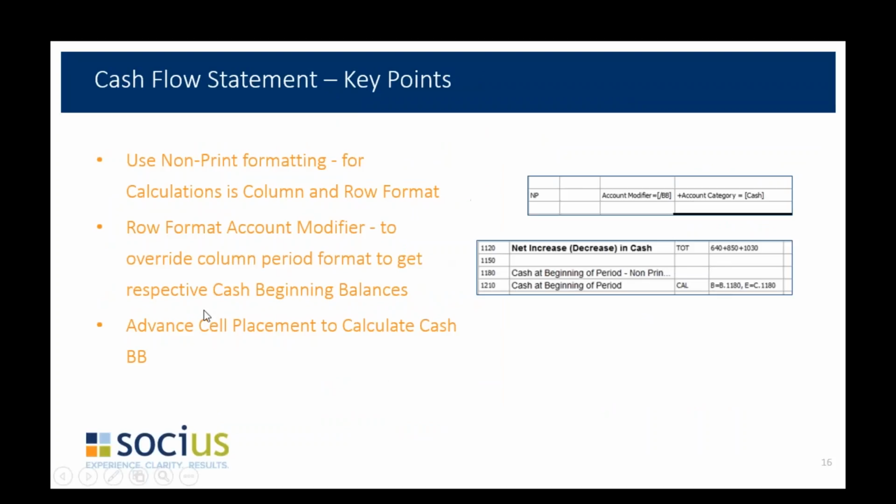And that's what this is showing here, that we're using account modifiers and then doing some advanced placement in regards to how our cash at the beginning of the period is being displayed.